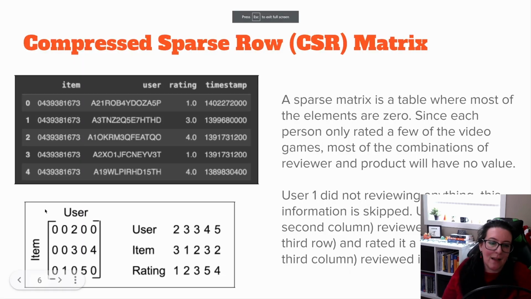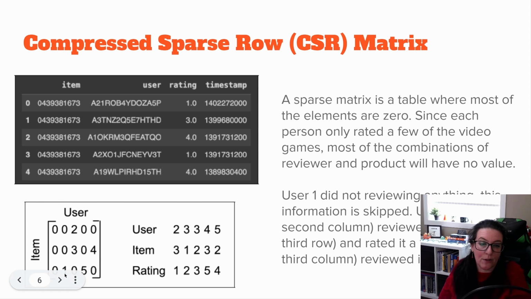So what does this tell us? This tells us if you are user number 0, so first row here, then you did not review the first item, you did not review the second item, you did not review the third item. If you are the second user, so index number 1 here, then you did not review the first item, index 0, or the second, but you did review the third.